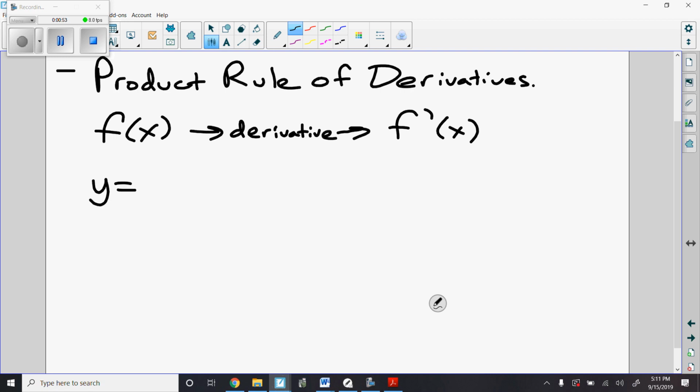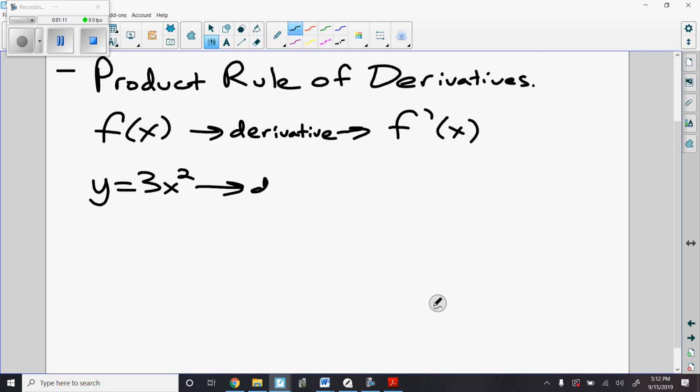If we have y equals something, an equation with y, it doesn't make sense to use f prime when we have y equals, right? So let's say, just for example, we use y equals 3x squared.